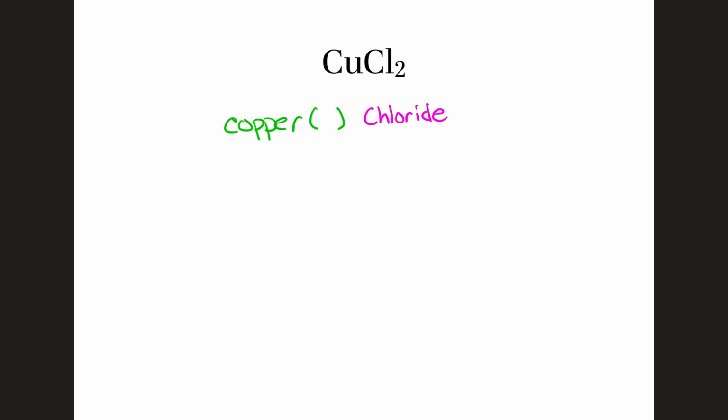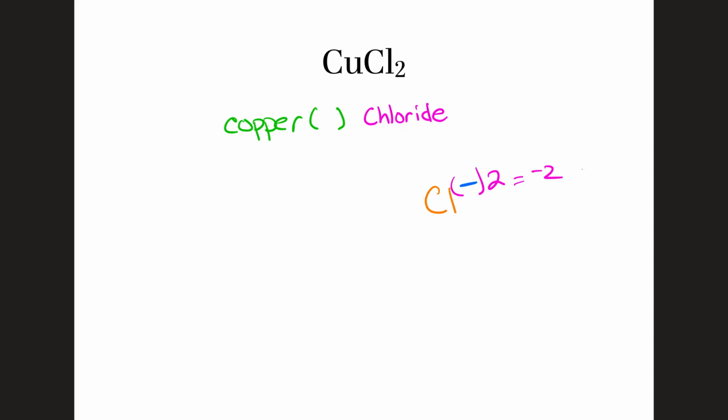So now we have to look at the charge of chlorine and how many of those we have in order to determine the charge of copper. If we look at the periodic table, chlorine has a -1 charge. We have 2 chlorines, so we multiply this charge by 2. That gives us a -2.